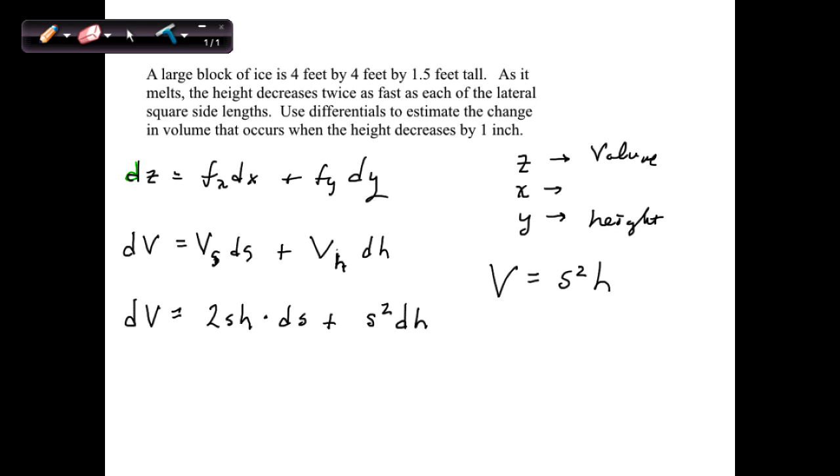What's s? 4. What's h? 1.5. What's ds? Okay, so we know what s is. So dh, it says the height decreases by 1 inch, so -1. And that's changing twice as fast as the sides.